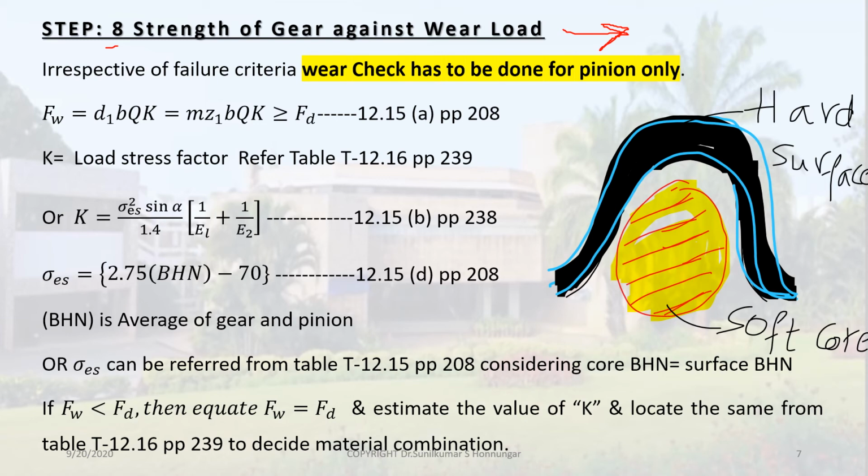More friction means more chances of wear. Let me give you a classical example. Suppose two of your friends, you and one more person, have the same body weight, the same shoe size, and the same style of walking.